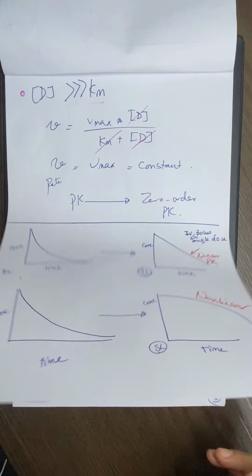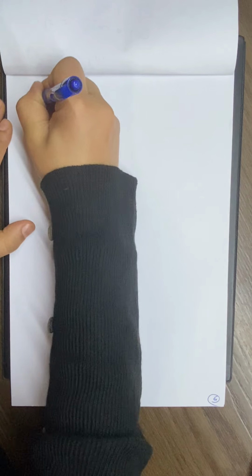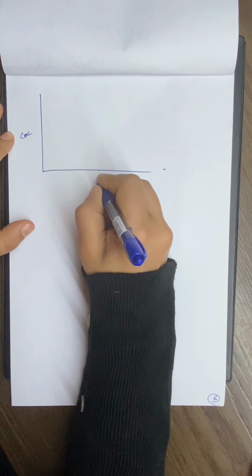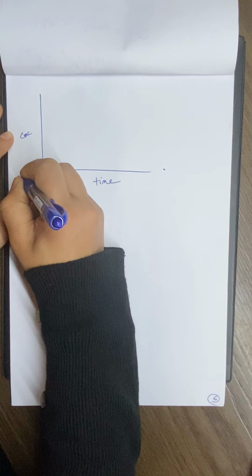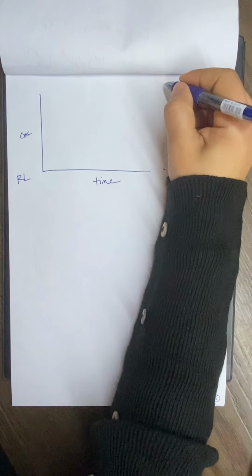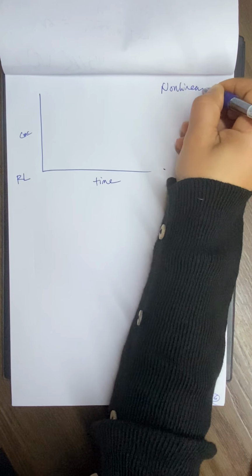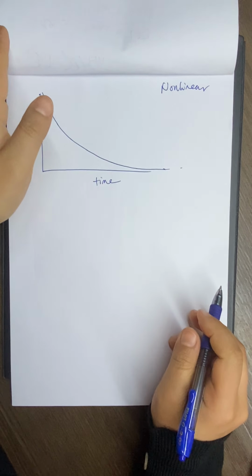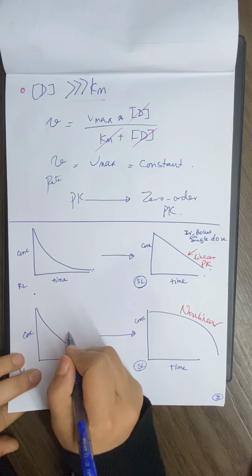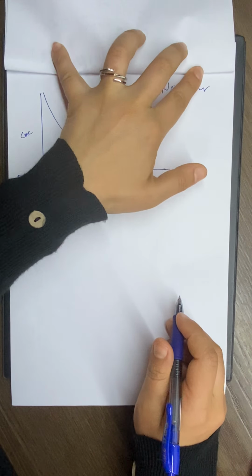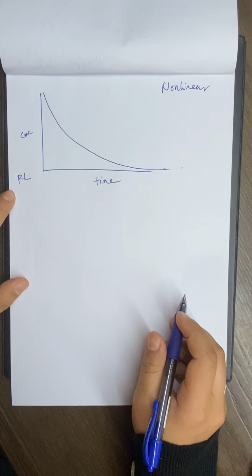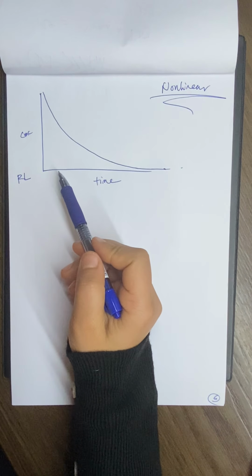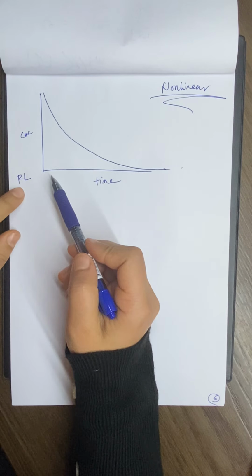If we go back to the concentration versus time on a rectilinear profile of non-linear kinetics, again we said we will have it like this, which is the same as I have here, similar to whatever you know for first order or linear kinetics, but you can't visualize it when you have it on a rectilinear profile.